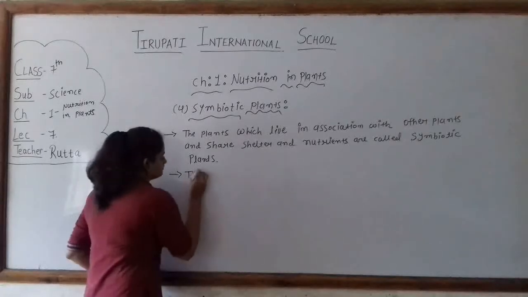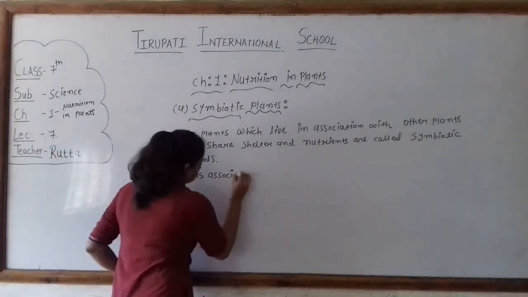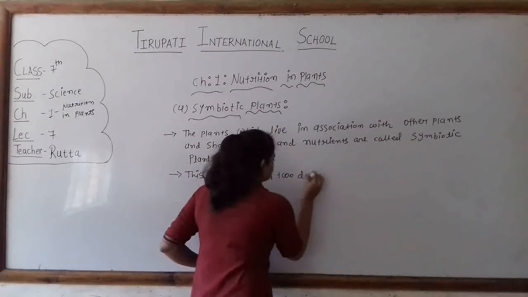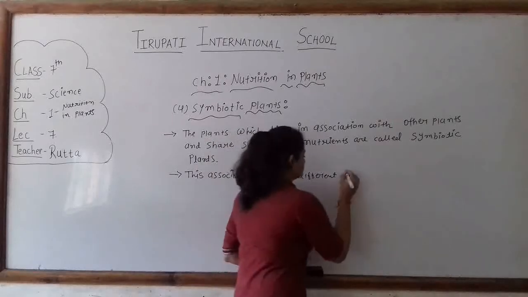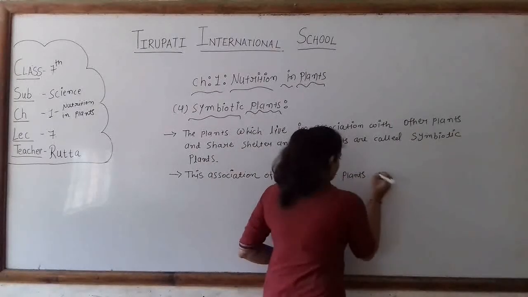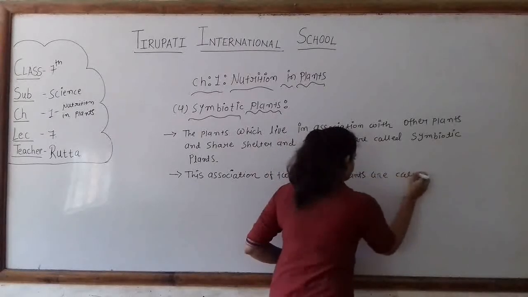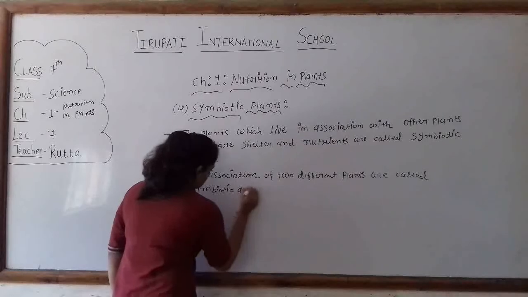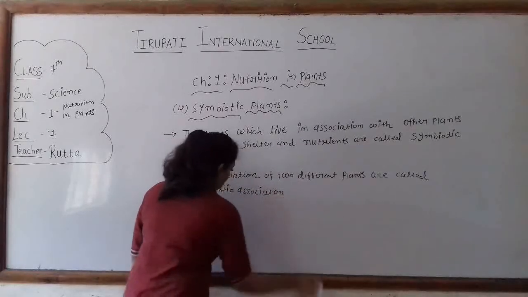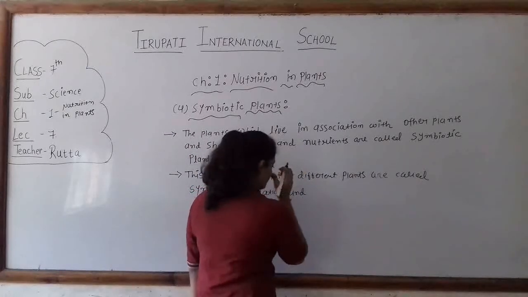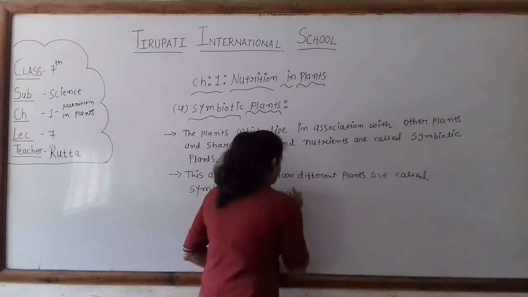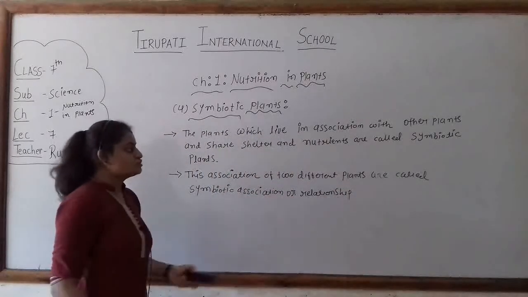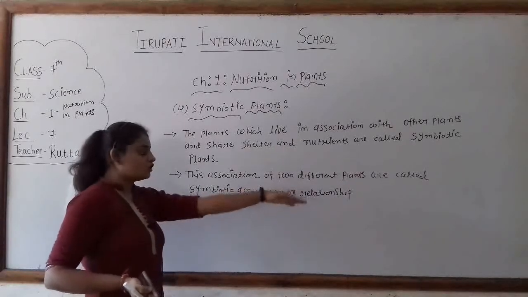This association of two different plants is called a symbiotic association or symbiotic relationship.